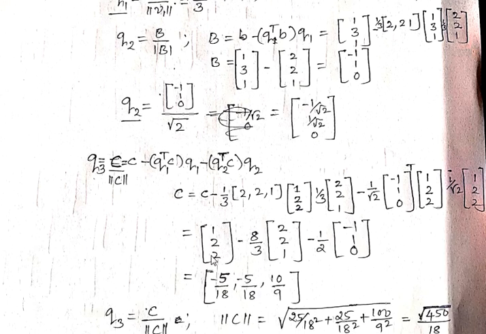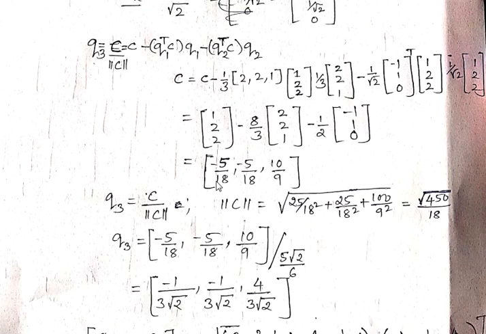Similarly, for this C, it is capital C divided by the magnitude of capital C, and it has to be found with this formula. Here we are finding it by substituting all these values, and it works out to be minus 5 by 18, minus 5 by 18, and 10 by 9.